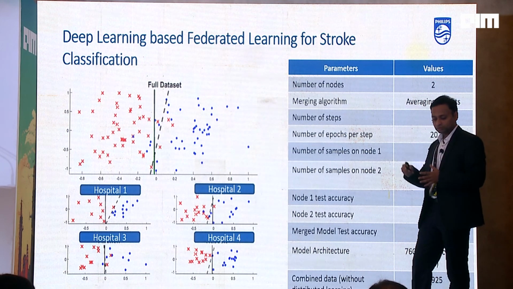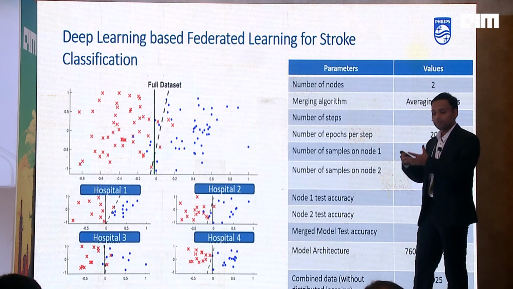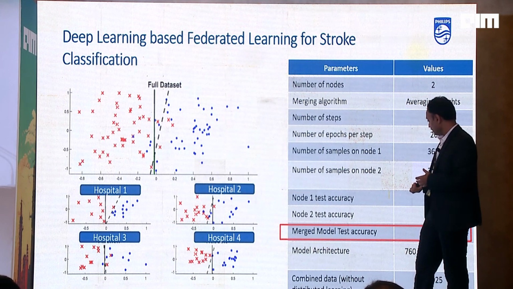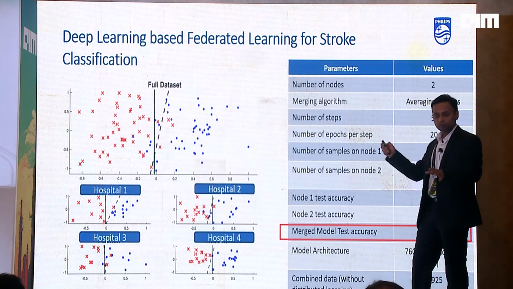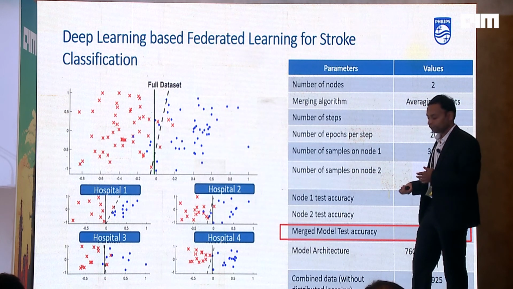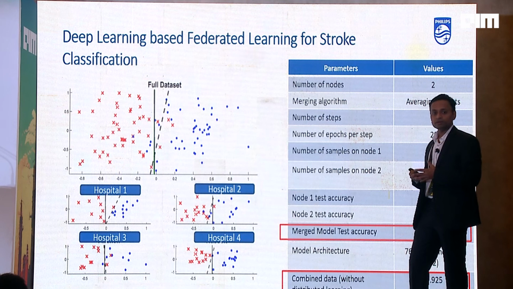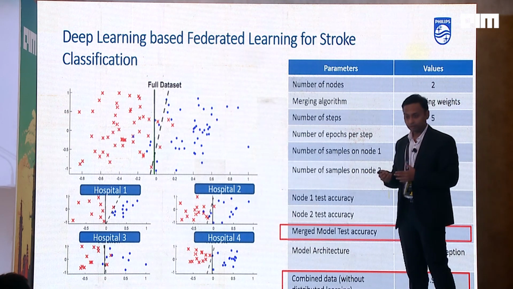When you merge both of these data sources and then build a model, you hit somewhere around 0.9 accuracy. Now, if you don't combine them and use the same approach that we just described a few slides back, then you almost hit the same kind of accuracy levels. So merging the data is not really needed if you have that as a constraint at your end.